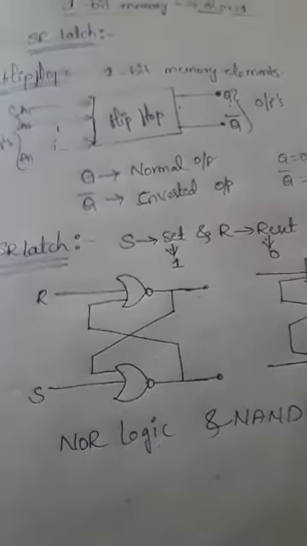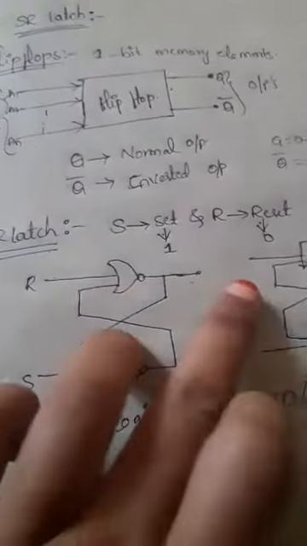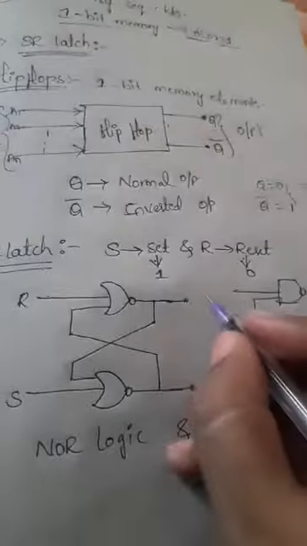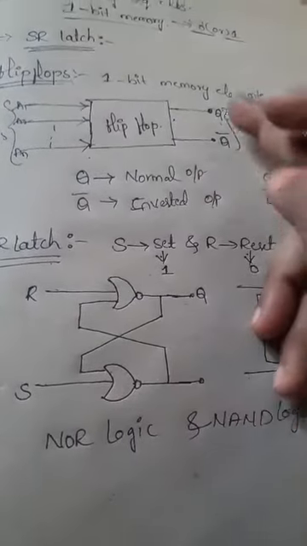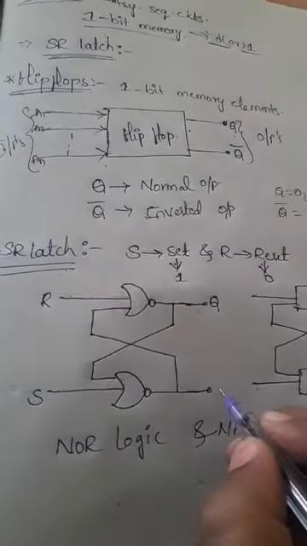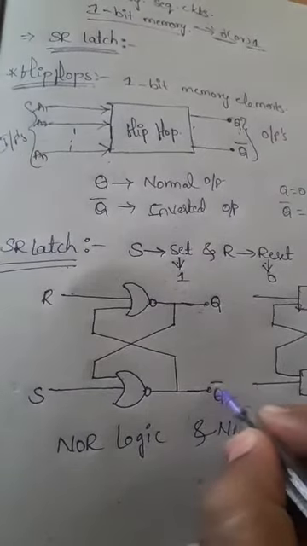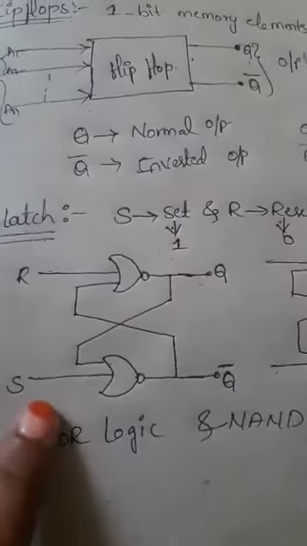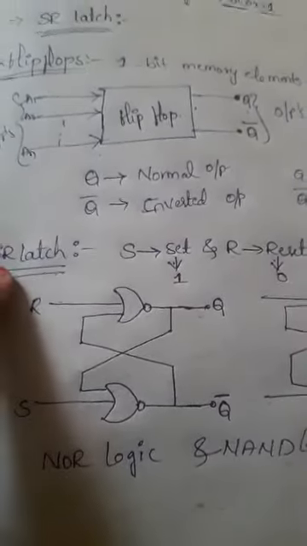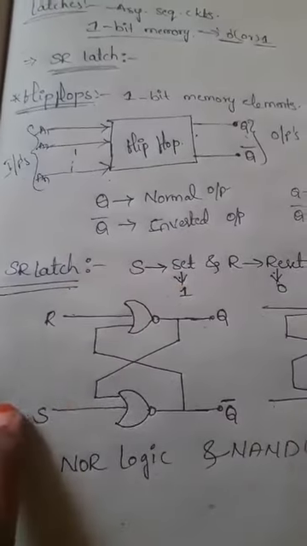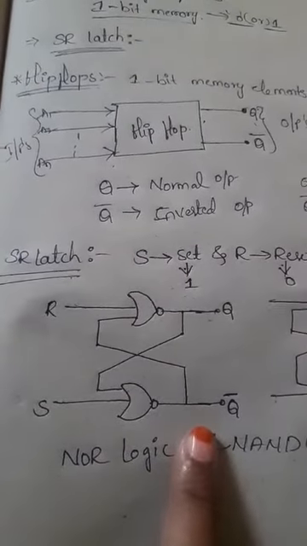Okay, so you just take reset in the normal path. And the complement path you should take as set. You should take reset in the normal path and set in the complement path.